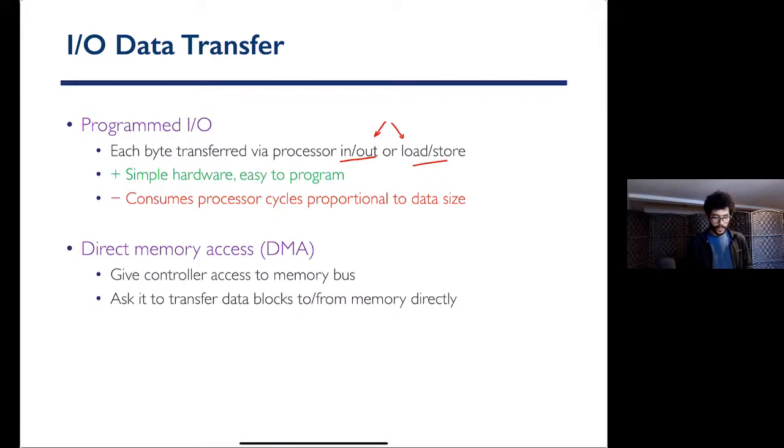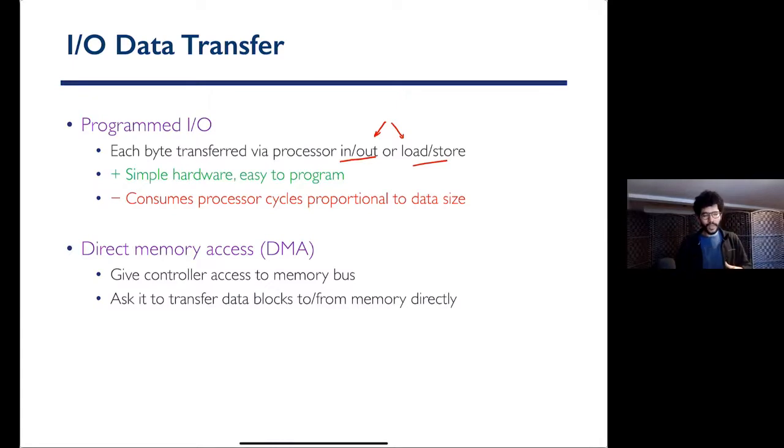To deal with this and make it easier and have better performance, direct memory access, or DMA, is proposed and used in our systems. What does DMA do? Basically, we delegate the job of transferring data to a microcontroller. So instead of the CPU doing it, a DMA engine does it.